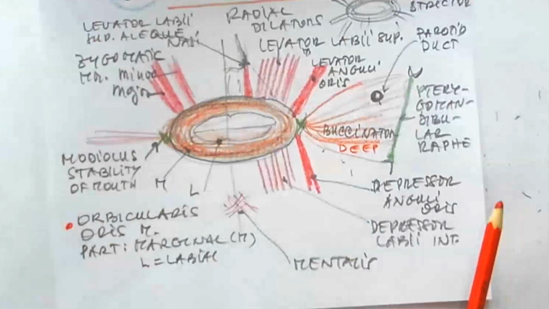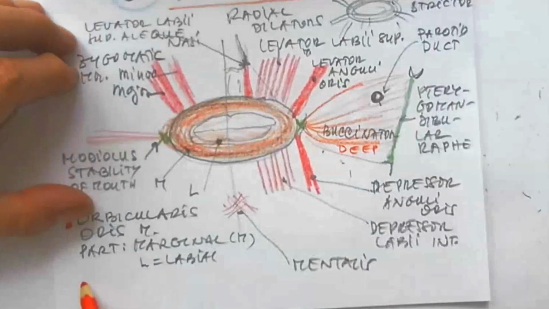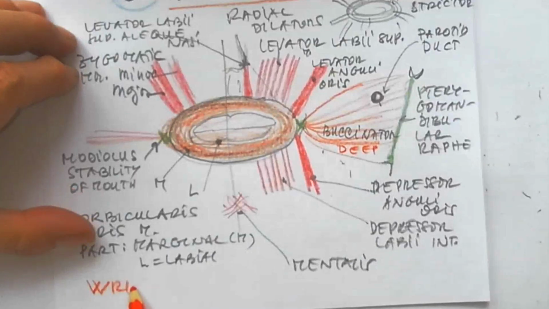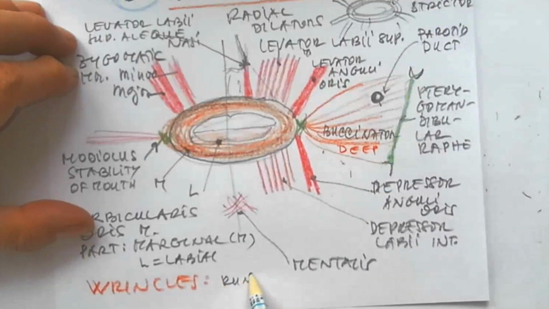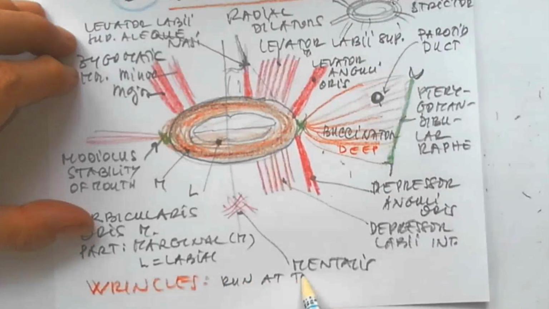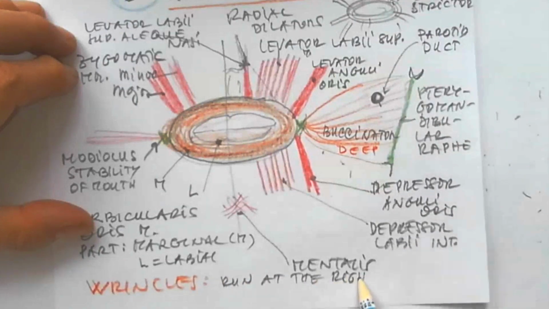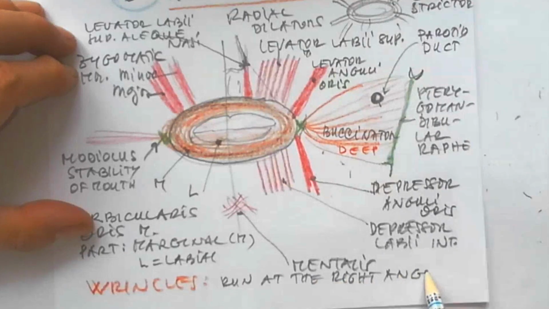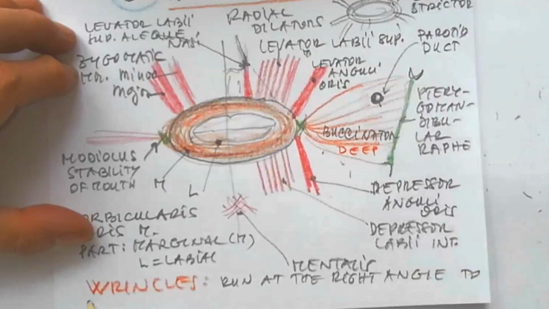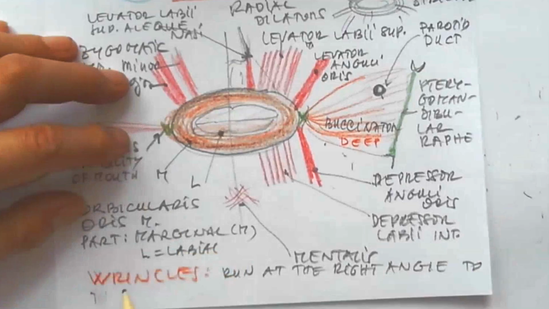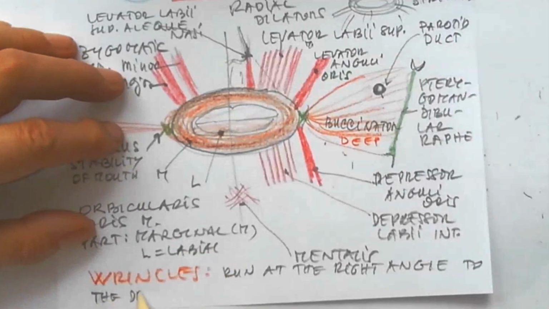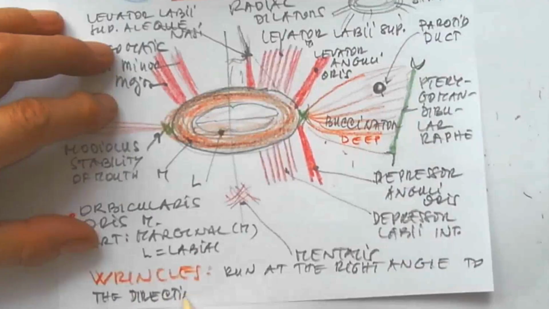So we have to just mention that wrinkles run at right angles to the direction of muscles, right?